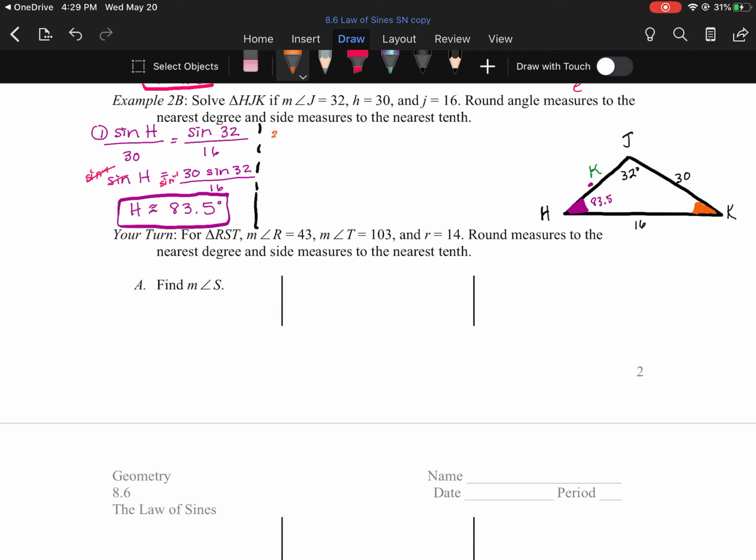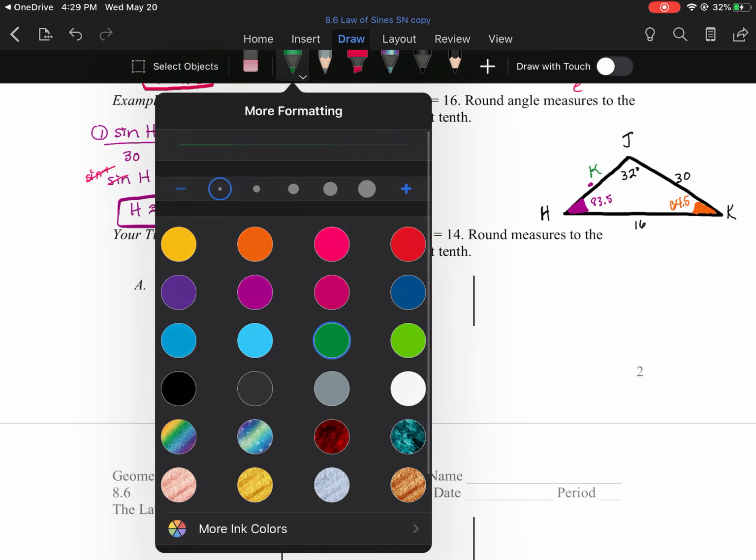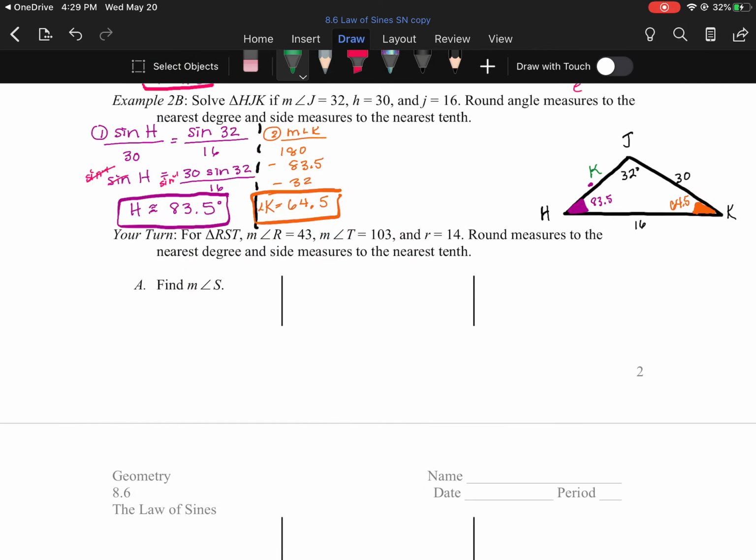So to find angle K, we just need to take 180 minus 83.5 minus 32, and we should end up getting 64.5. So angle K is approximately 64.5. So the last thing we need to do is to find the side length of K.